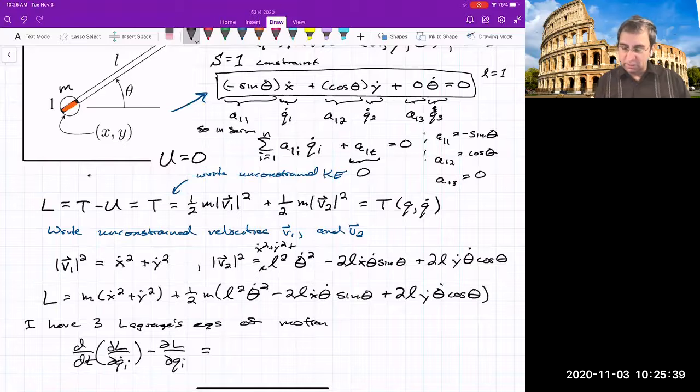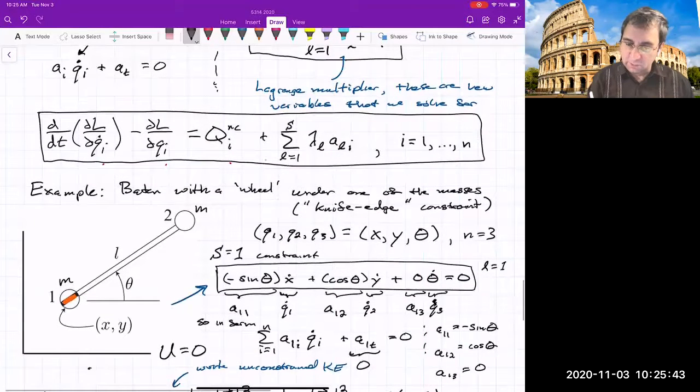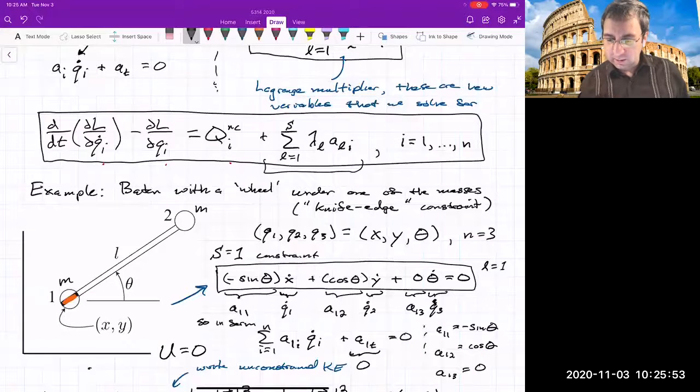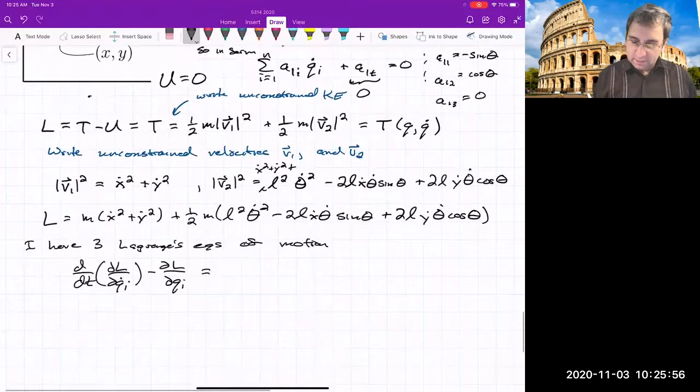There's no non-conservative force. There is a constraint force. Let me look up here to remember what that constraint force looks like. The sum from l goes from 1 to s. Well, I only have 1. s is 1. So that'll be lambda 1 times A1i. I is 1, 2, 3.